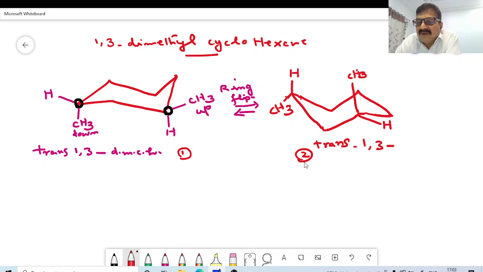Okay, now here conformations 1 and 2 are equally stable because each has got one methyl equatorial and one methyl axial. Okay, this is the way you have to draw trans 1,3 dimethyl cyclohexane. In the same way you can draw even cis, so we will not go into that.